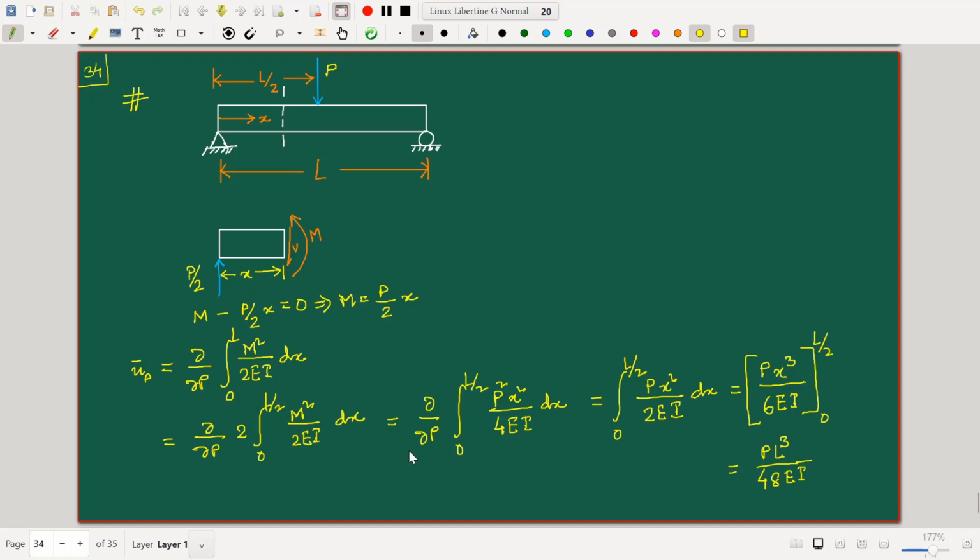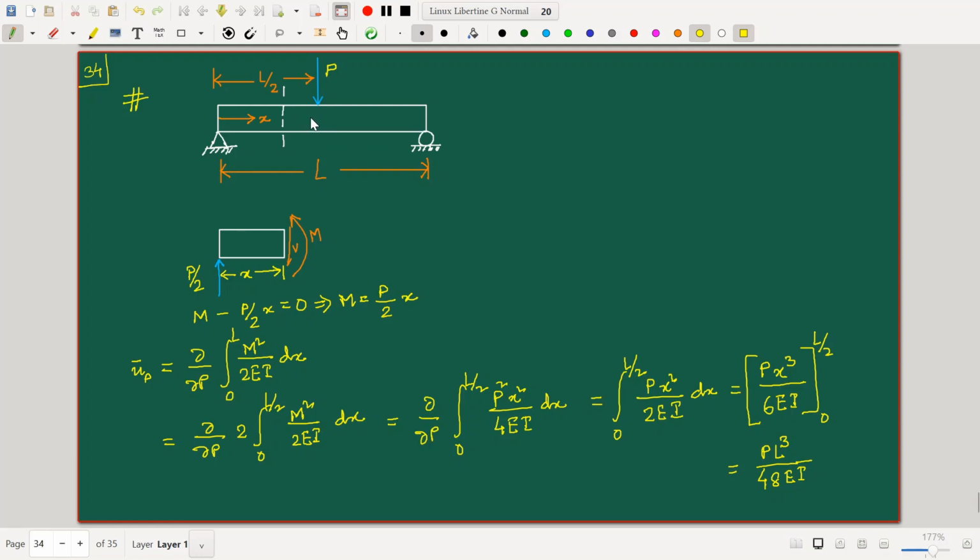But what would happen if this case was not symmetric? For instance, if this P was not situated at x equal to L by 2, but instead at some general distance A. We do have a more general method of obtaining the answer in those cases, so we'll discuss this general method for this particular example again.